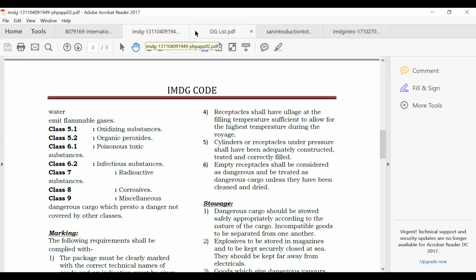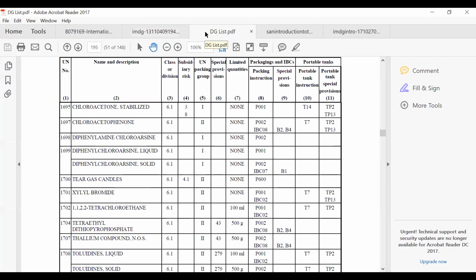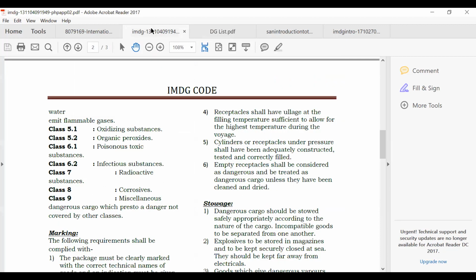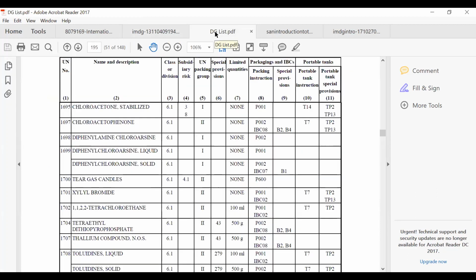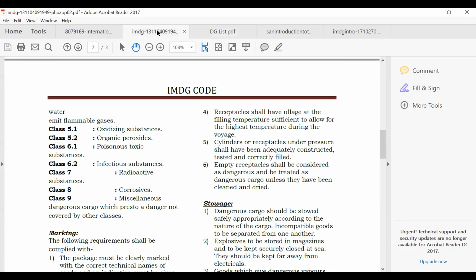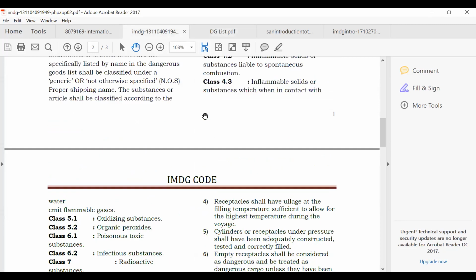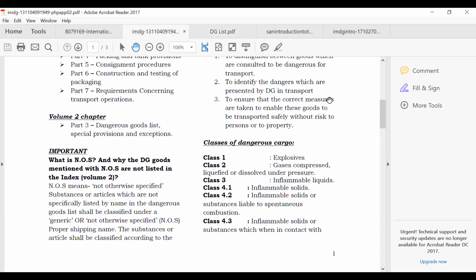So if this DG item falls under the classification of poisonous toxic substances, they will class it under 6.1. However, it doesn't stop there, because some substances can have much more diverse hazards. They can have the characteristics of poisonous toxic substances, and also characteristics of class 3, inflammable liquids.